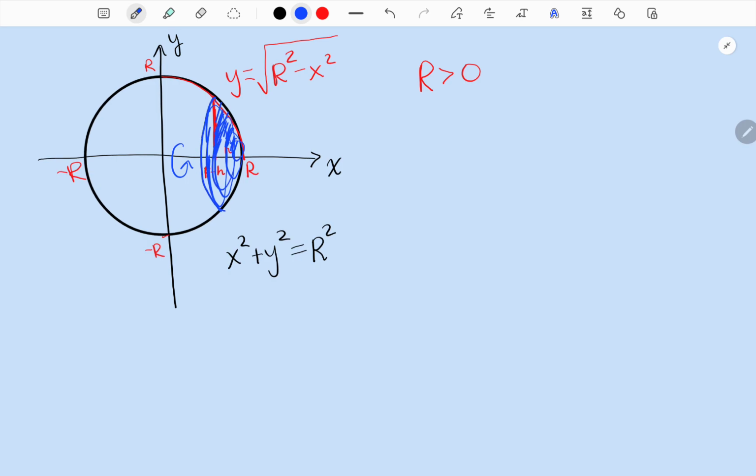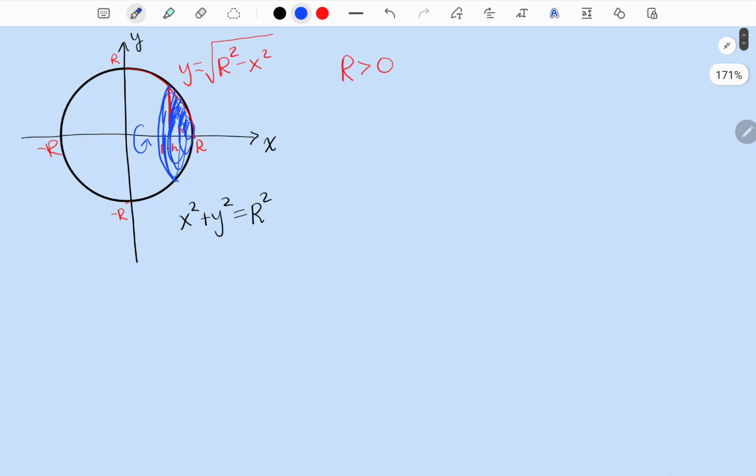To do that, we take the integral from a to b of pi times f of x, the whole thing squared, dx. Our lower bound is r minus h, and my upper bound b is going to be r.